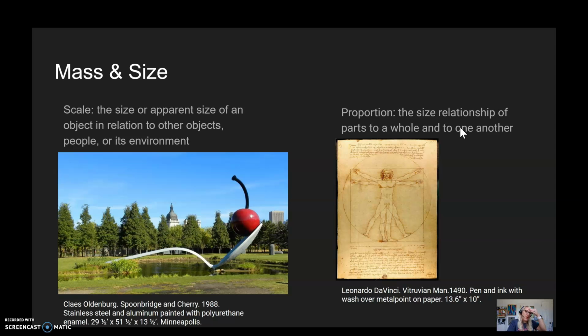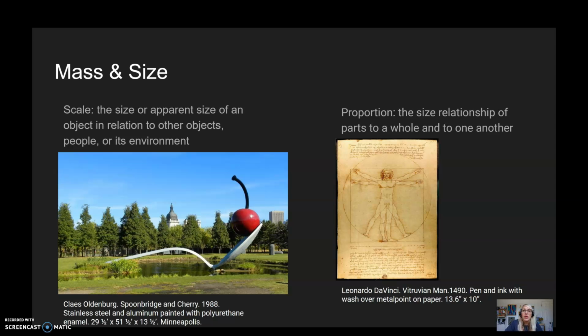Okay, so we talked already a little bit about mass. There are a couple of things that I want to bring up when we are talking about size, and that is the difference between scale and proportion. So scale is the size or apparent size of an object in relation to other objects, people, or its environment. So the example of this would be this Claes Oldenburg sculpture called Spoon Bridge and Cherry.